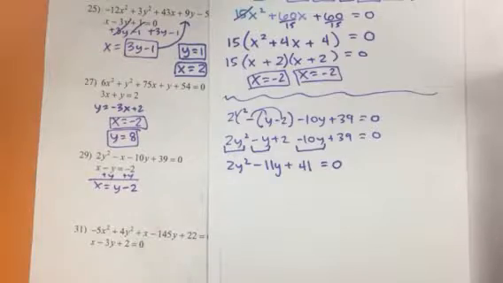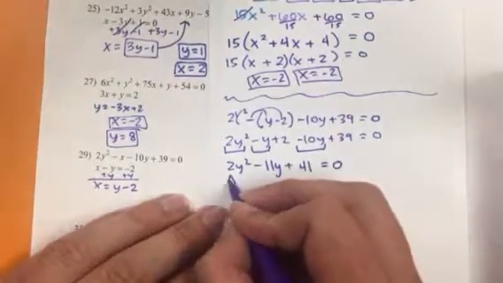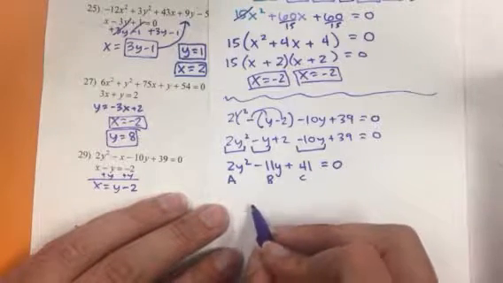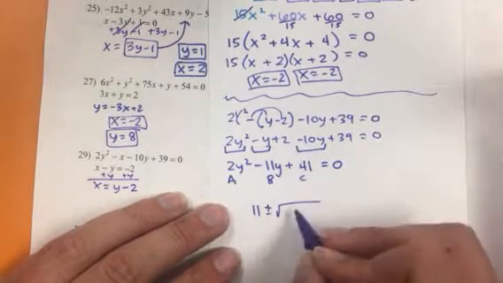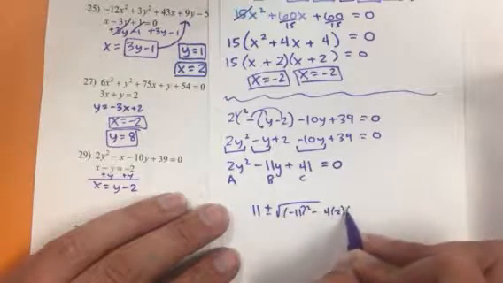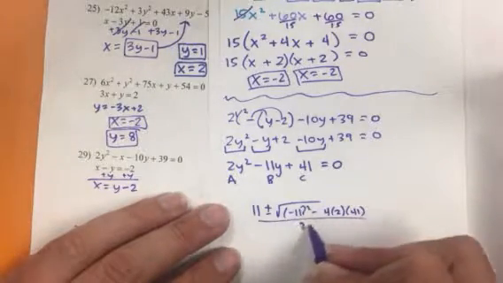So let's see. You know what? Quadratic formula. That'll be easier. X equals negative b plus or minus square root b squared minus 4ac all over 2a.